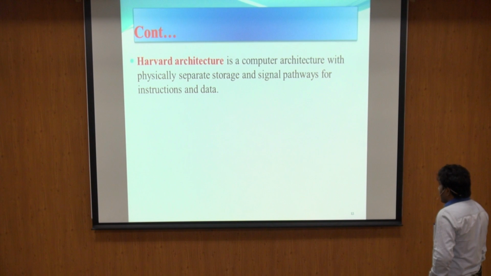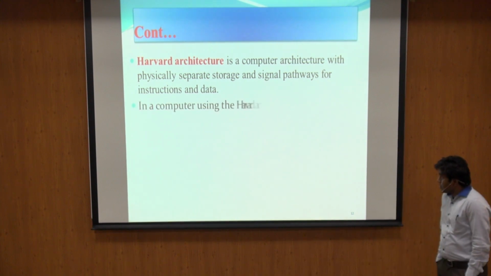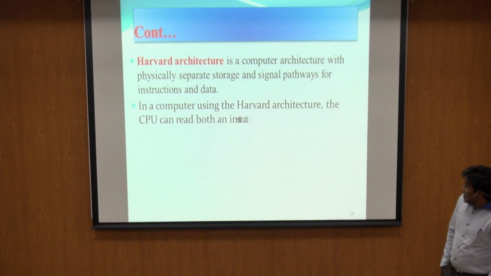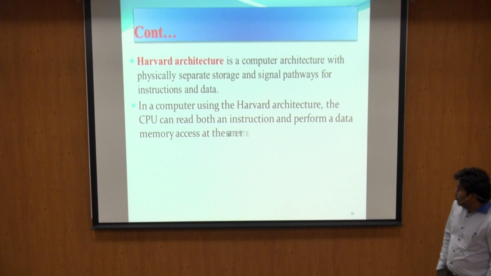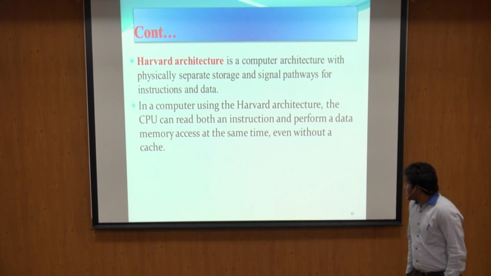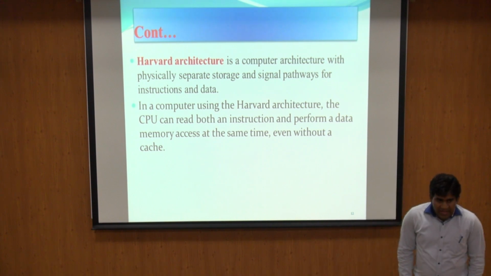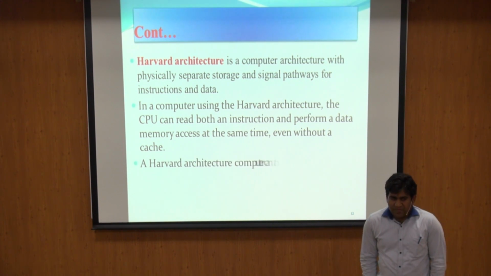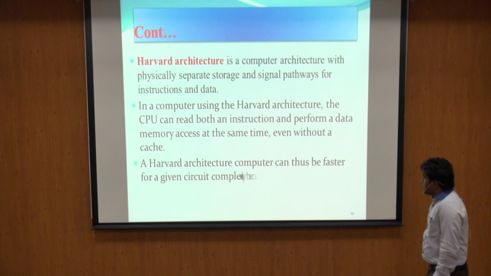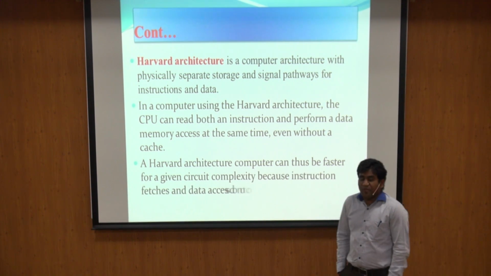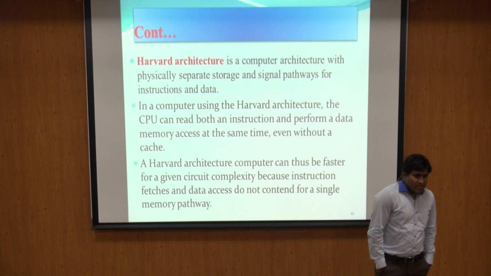This is the same which I have explained. In a computer using a Harvard architecture, the CPU can read both an instruction and perform a data memory access. As I told, I can read both the instructions from the program memory as well as from the data memory, and I can perform the task according to the CPU.